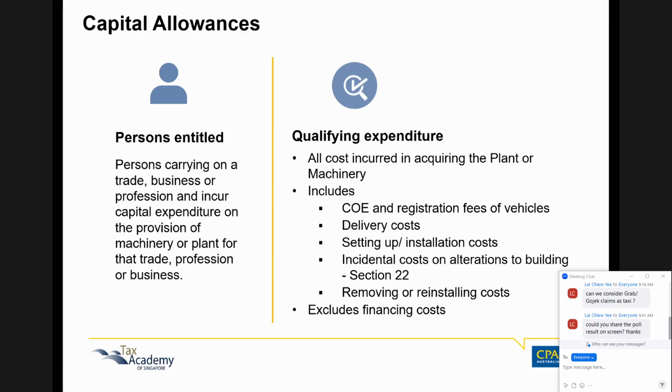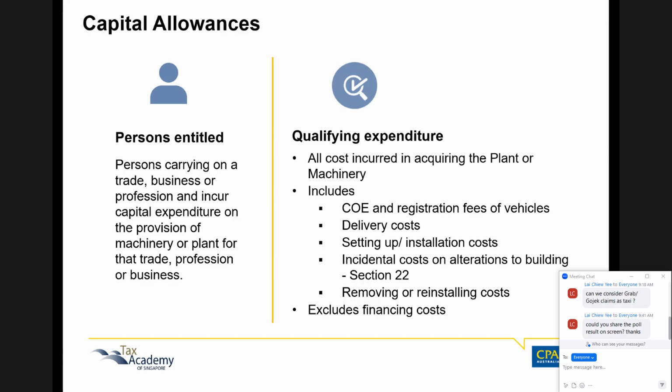So this point is to highlight to you that it's not just the basic cost of the machine that you can claim under CA. With all these items that you can include and claim under CA, make sure you exclude the interest cost.